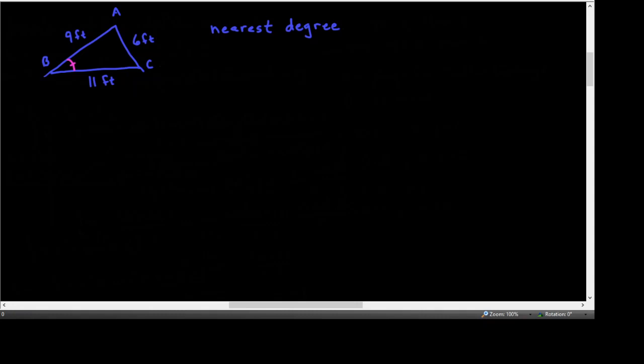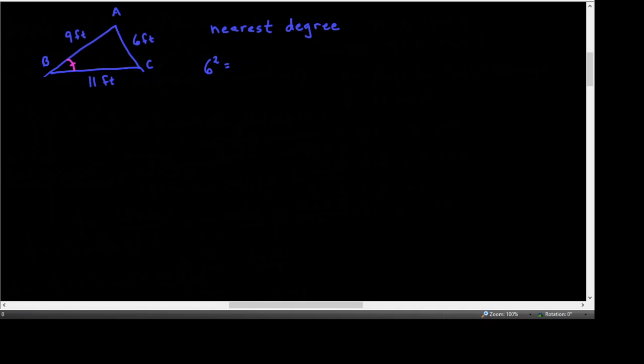All right, so since it's angle B we want, that means side b across from it is by itself. And I know I'm not finding the largest one first because I don't need that one.